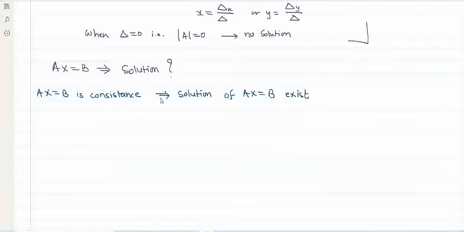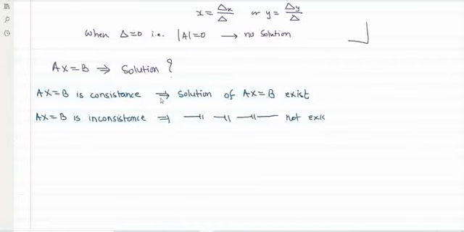When a solution exists, we call it consistent, and Ax equal to B is inconsistent means a solution of Ax equal to B does not exist.